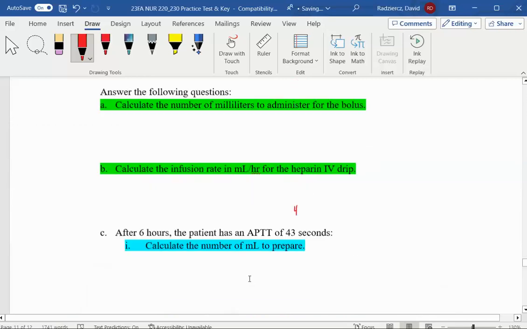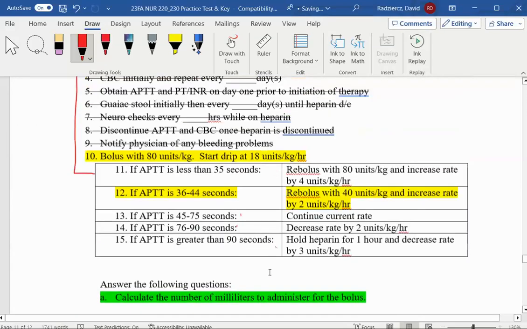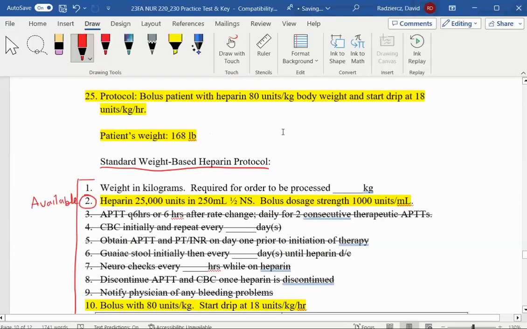For a 168-pound person, 168 divided by 2.2 gives me 76.36 repeating, so I'm going to round that to 76.4 kilograms.